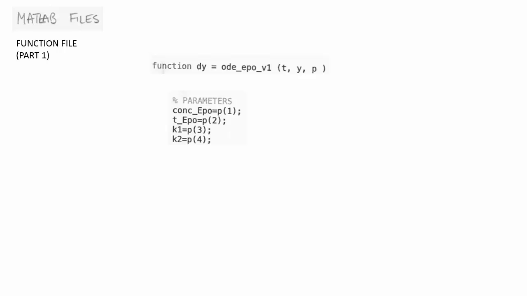So the first thing I'm doing is taking that vector P and converting the values in it to named variables. So that's going to make it easy when I'm writing my equations to know exactly what I'm referring to. And the same thing for the species vector. I convert y1 and y2 into names that represent the species that they're storing. So unphosphorylated EPO receptor and phosphorylated EPO receptor. And now everything's got a name, I can start my code.